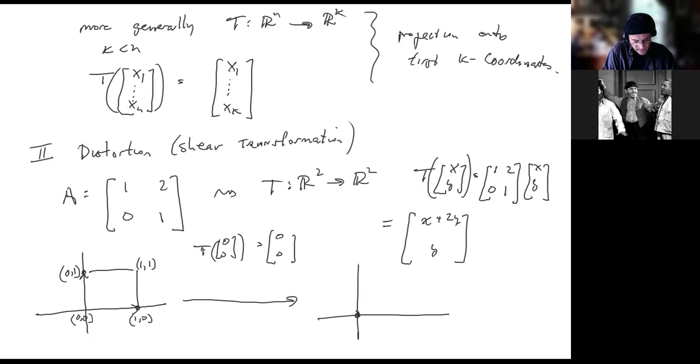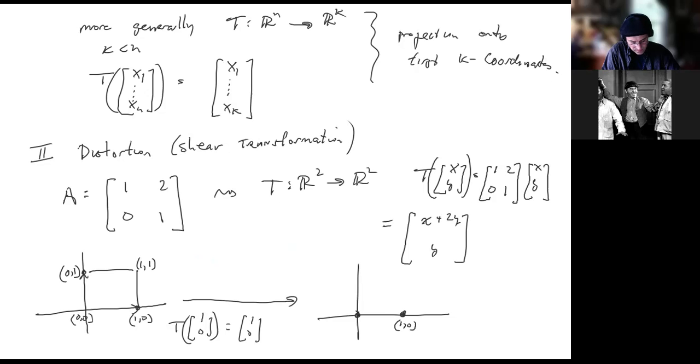T of (1, 0) is going to give me 1 plus 2 times 0, comma 0, so it's (1, 0). So it preserves (1, 0). I'll plot that point, (1, 0).